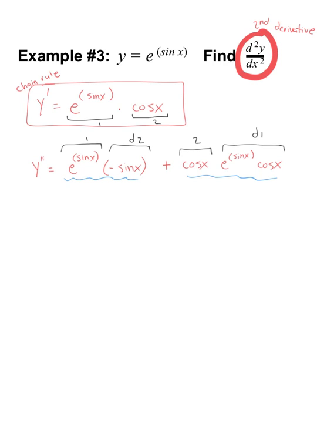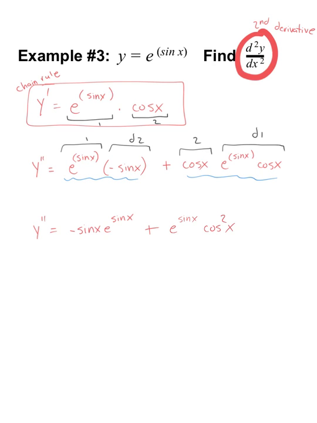All right, so when we simplify each side, for that first term, I just want to get that negative out front. So negative sine of x, e to the sine of x. All right, and then the second term, hey, I've got a cosine and a cosine. So I have e to the sine of x, but I have cosine squared of x.